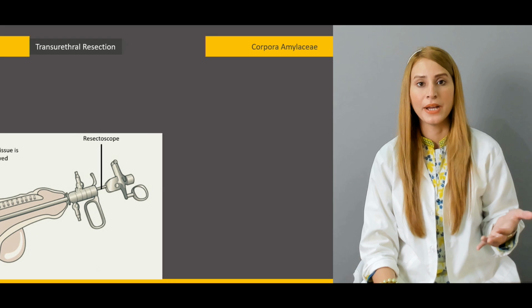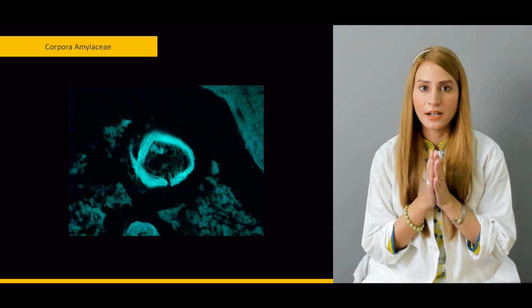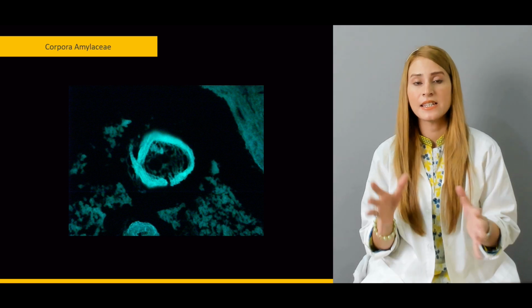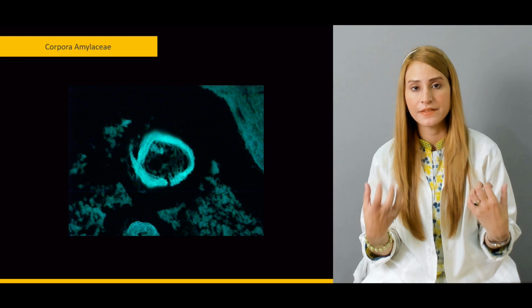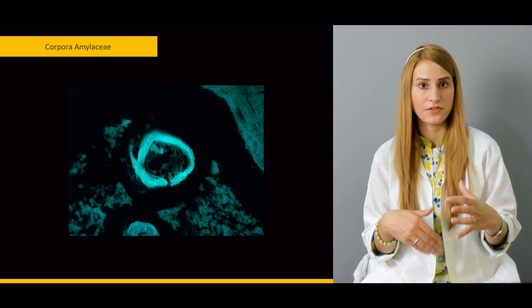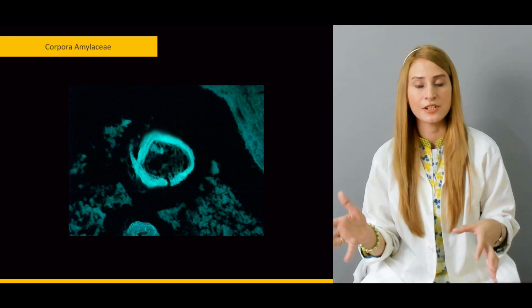the patient becomes symptomatic. Okay, so the other thing is corpora amylacea, and these corpora amylacea are laminated bodies, and you can say that these are the precursor for the endogenous prostatic calculi.